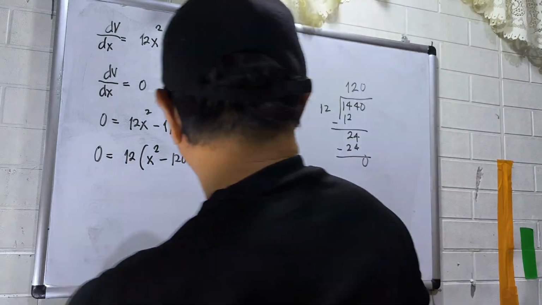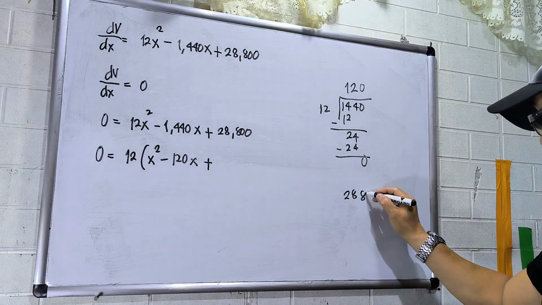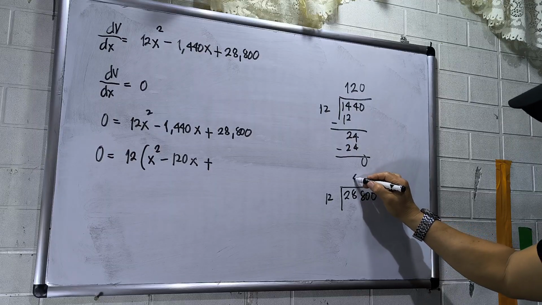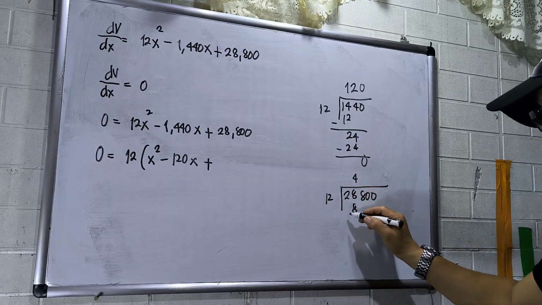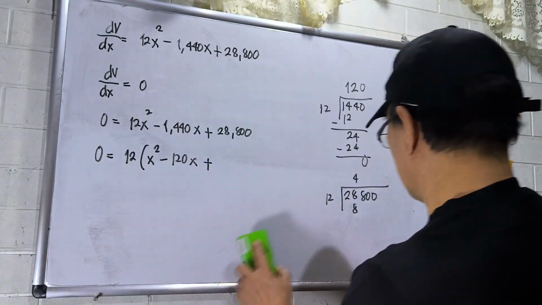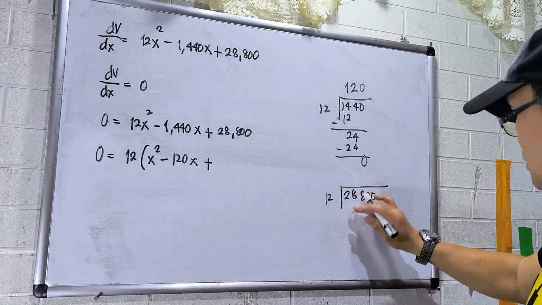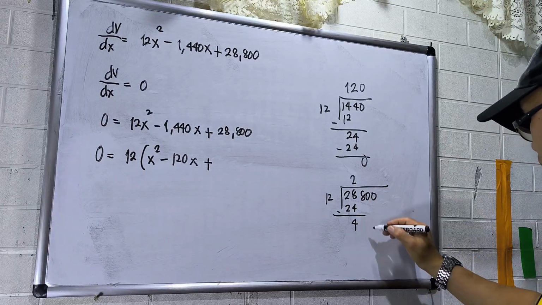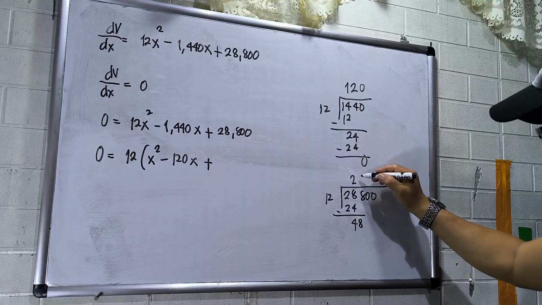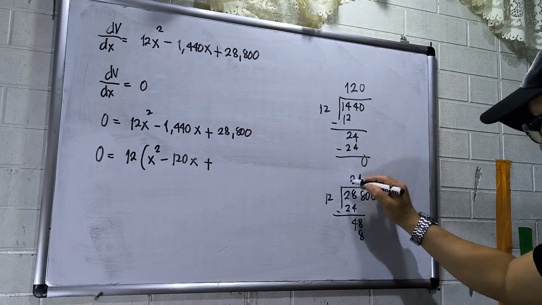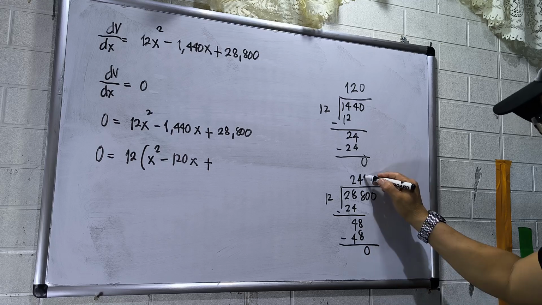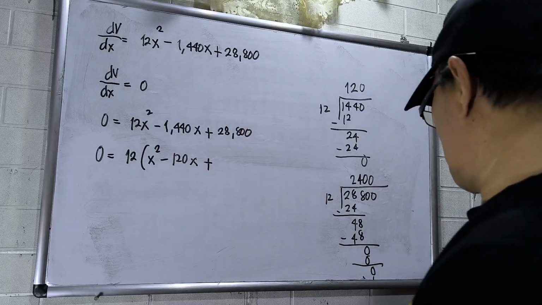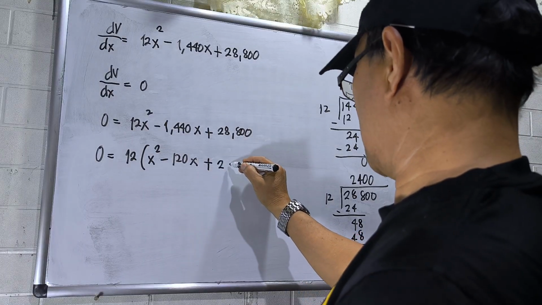Then plus 28,800 divided by 12, which is 2,400.